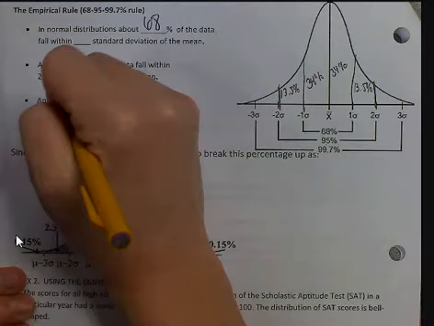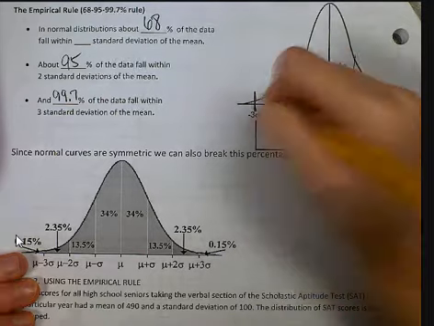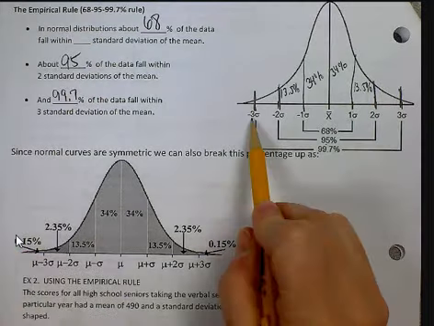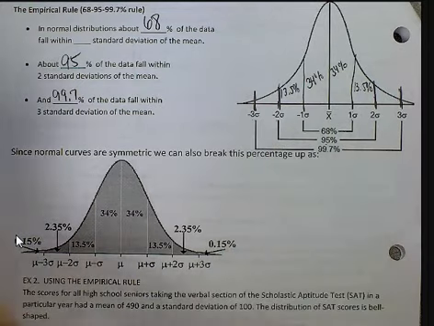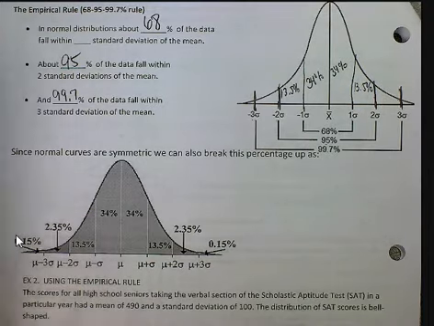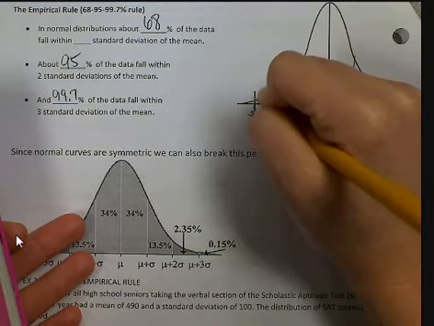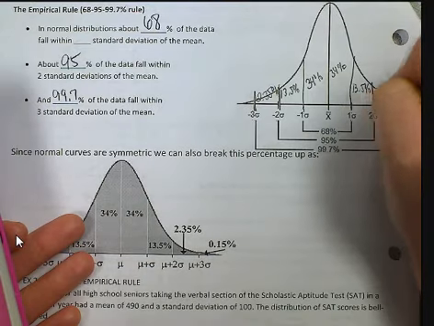And then about 99.7% of our data falls within 3 standard deviations. So let me figure out what percent would go between a negative 3 and negative 2, and between a 2 and 3. So I'm going to take 99.7 and subtract 95. That leaves me with 4.7. Divide that by 2. 2.35% and 2.35%.